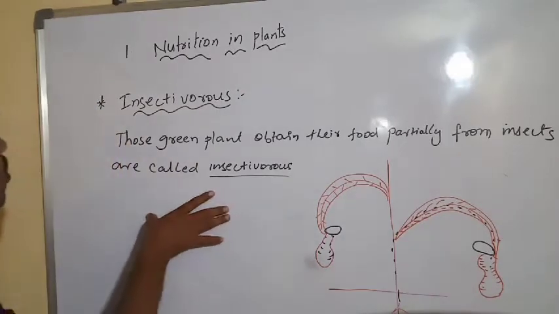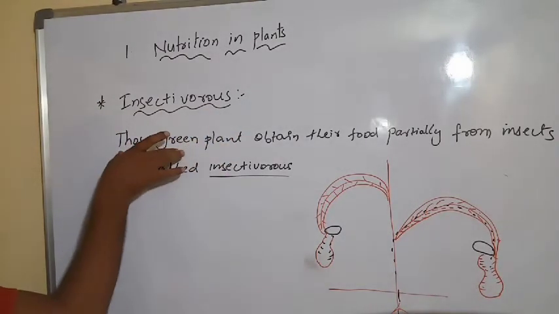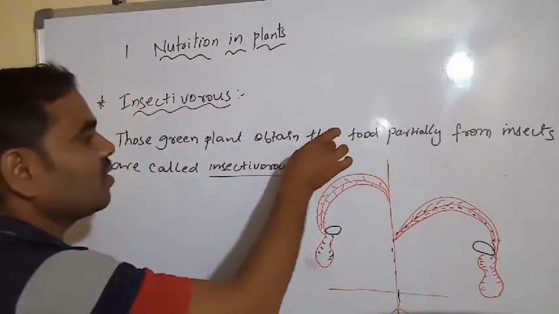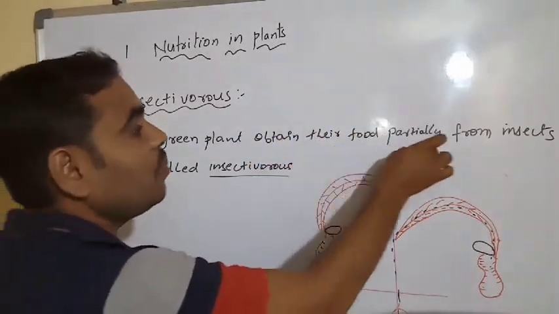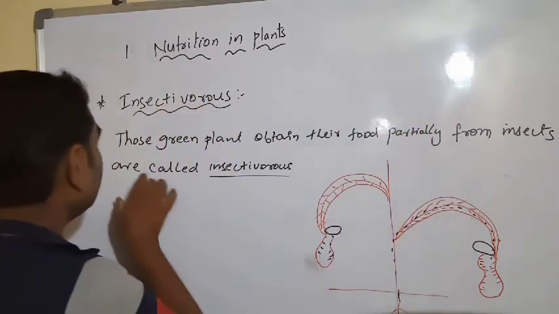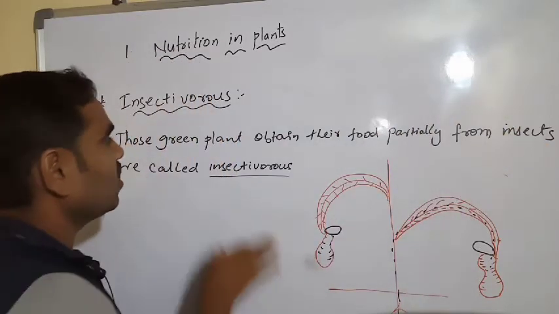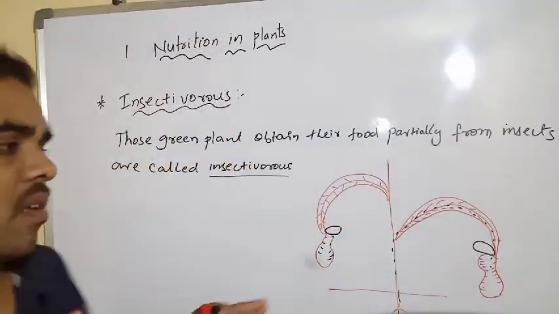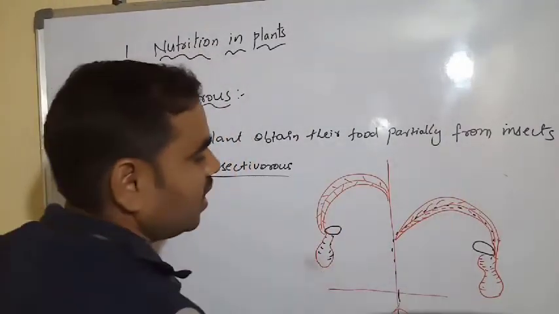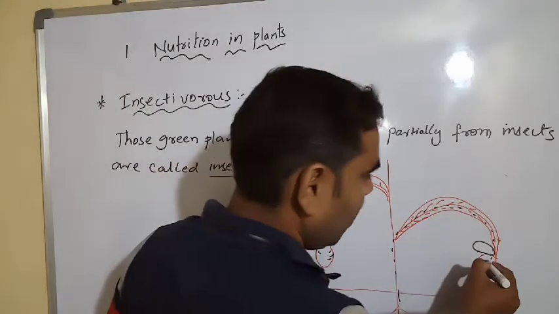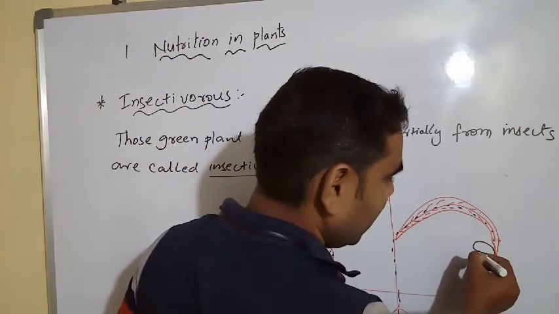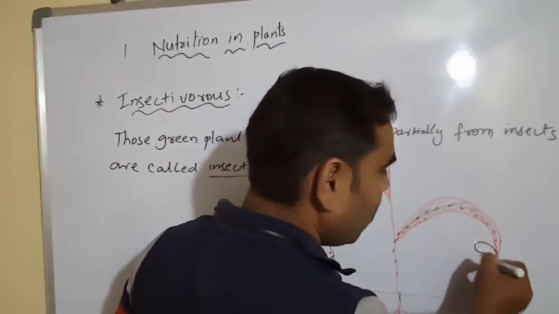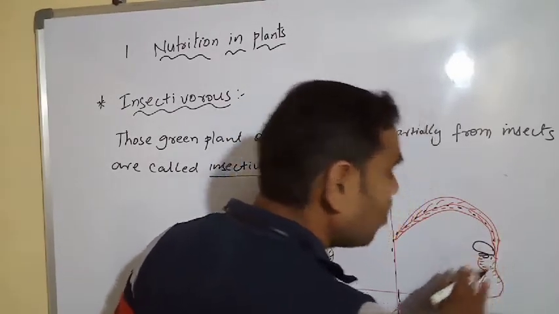This is about insectivorous plants. Those green plants which obtain their food partially from insects are called insectivorous, while otherwise they obtain it from the plant only. When an insect comes and sits here and touches the trap, the lid will be closed.